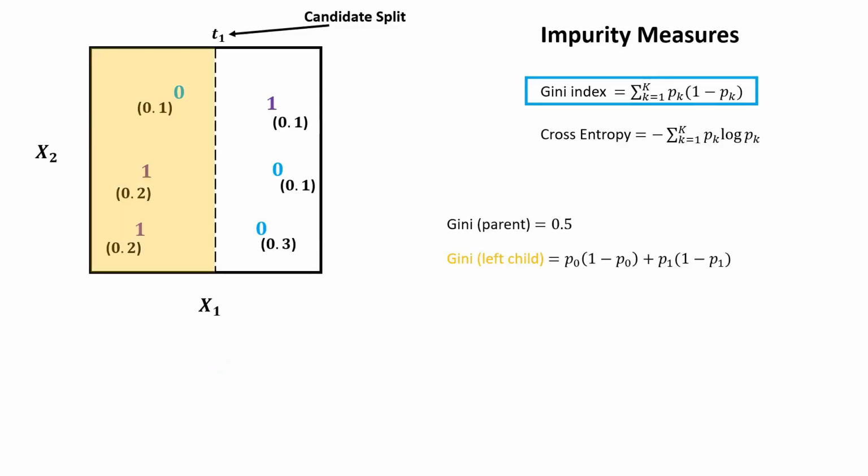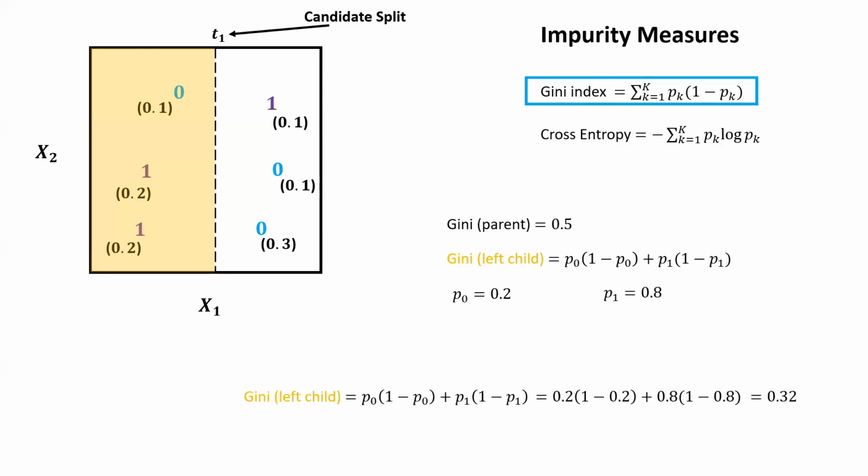After computing the sum, we get 0.5 for the Gini index of the parent. Moving to the Gini index of the left child, we can use the same equation from before, but only use the samples in the left child. The probability of class 0 is calculated as the sum of the sample weights of class 0 over the sum of all sample weights in the node. The probability is then equal to 0.2 for class 0. We then divide the sum of the sample weights for the first class over 0.5 and get 0.8 for the probability of class 1.